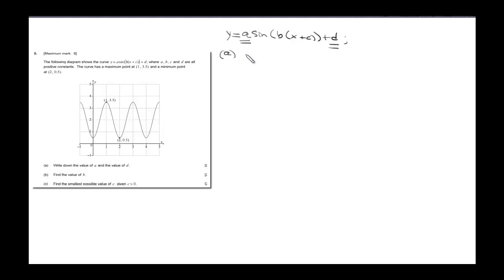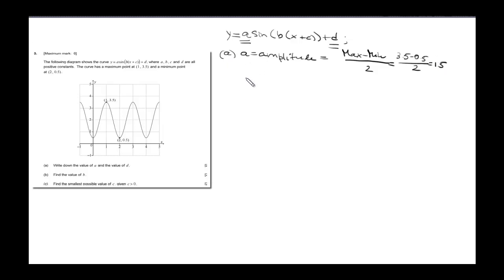So we know that a is the amplitude of the function, which is the maximum value of the function, take away the minimum value, over 2. That is, the maximum value is 3.5 minus 0.5 over 2, that is 1.5.